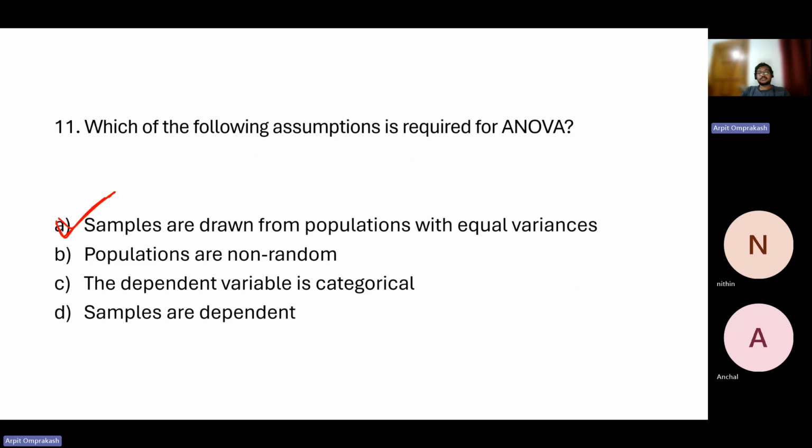That's the basic assumption for ANOVA. We also assume that populations are randomly distributed, the dependent variable is not categorical and can be numerical also, and samples are independent of each other. So all these three are false.